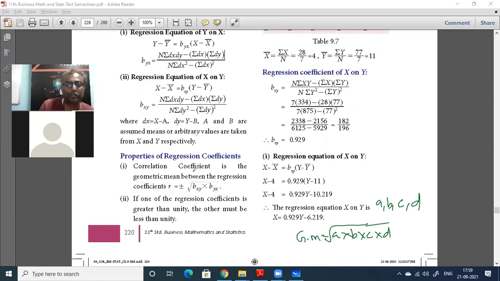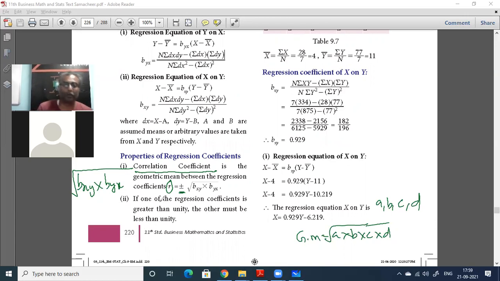Like that, the correlation coefficient is the geometric mean of the regression coefficients, that is, the root of b of xy into b of yx. Plus or minus you have to keep. Very important. Don't forget that. So this is how the correlation coefficient is related to the regression coefficients.